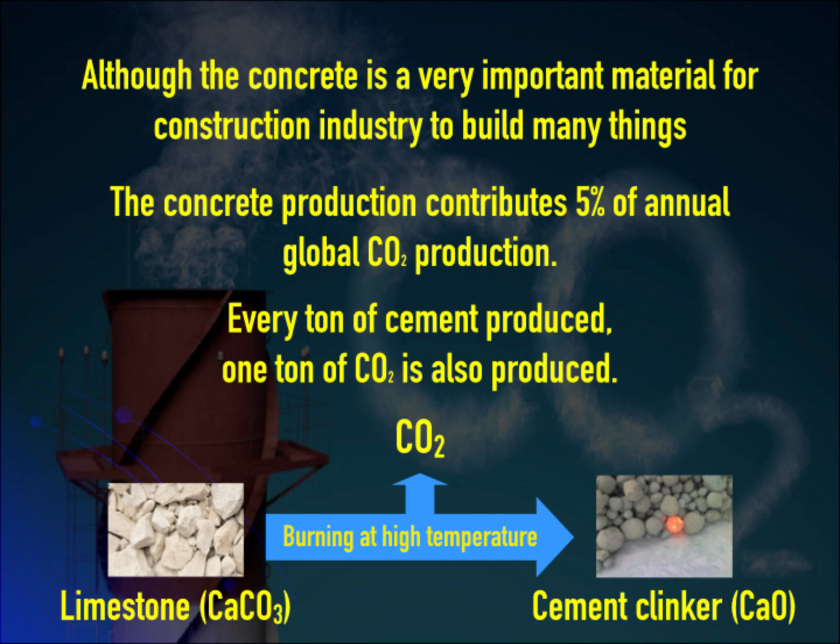And CO2 is released as a byproduct of this reaction. Approximately 0.5 to 0.7 tons of CO2 are emitted for every 1 ton of cement produced. This is a very high value, and therefore, many researchers are exploring alternative materials for concrete production.